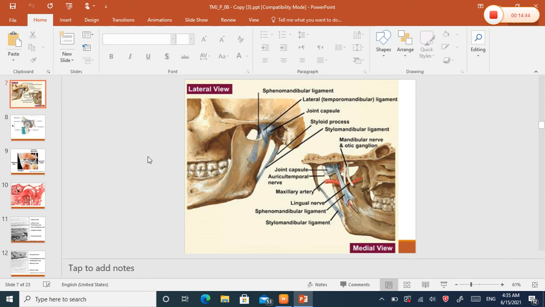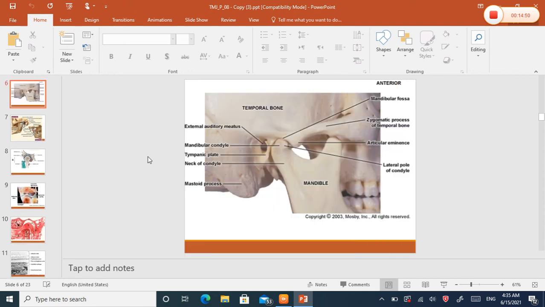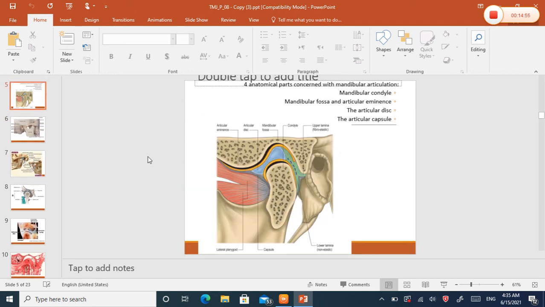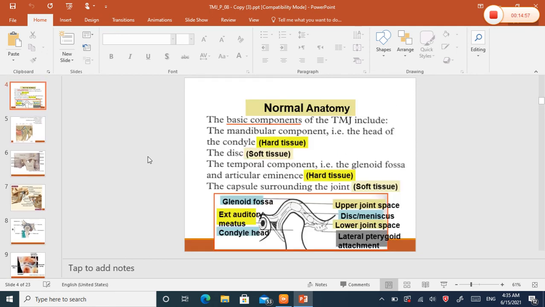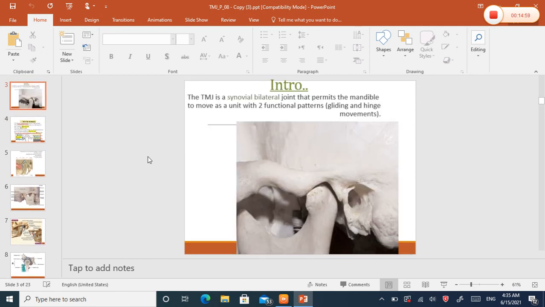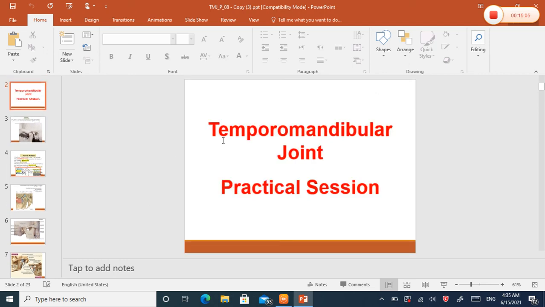And this slide, please. These ligaments of the temporomandibular joint, and this also is important. And this section is important also. Thank you, dear students.